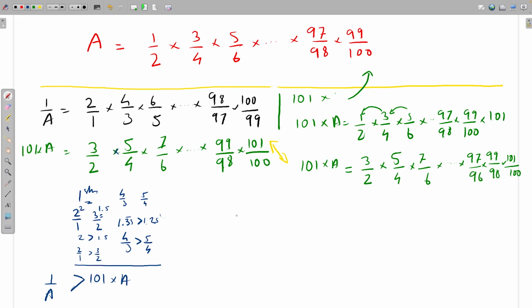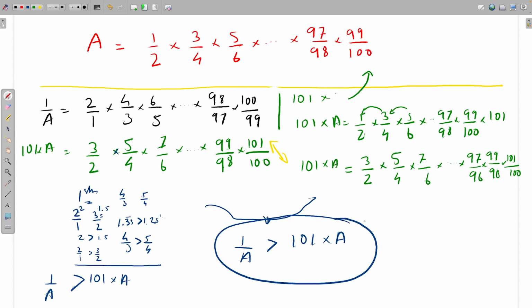So the conclusion based on these two equations is that 1 by a will always be greater than 1 by 101 into a. Okay, so we are going to take this equation, and this equation will play a key role in trying to find true or false. So let's move on to the next slide.